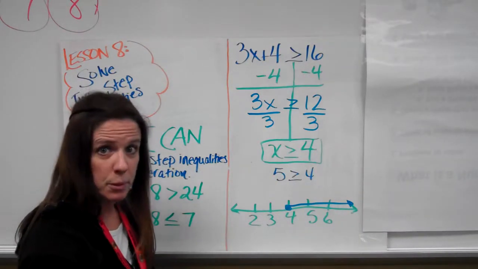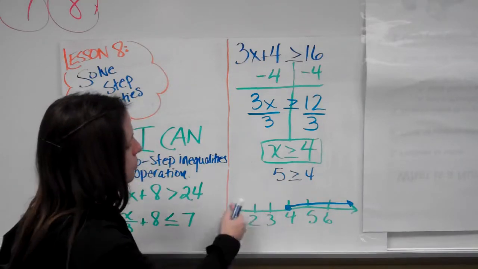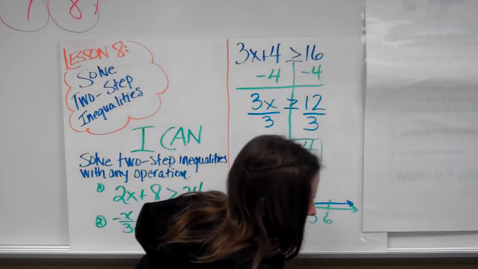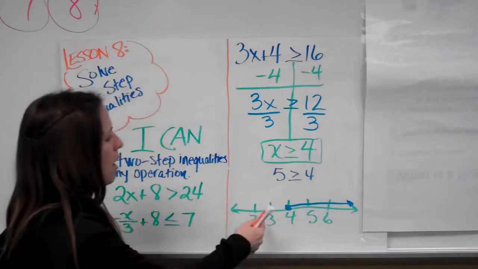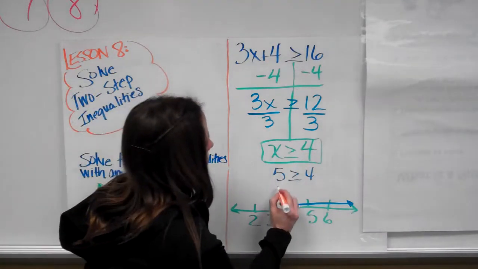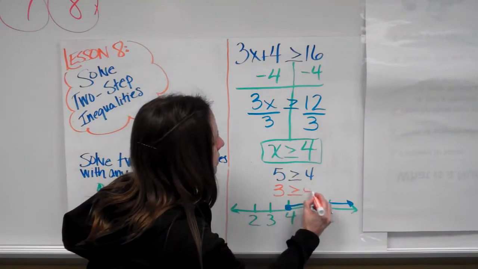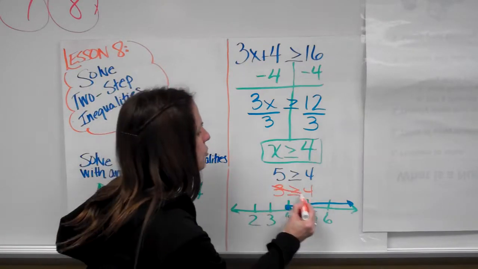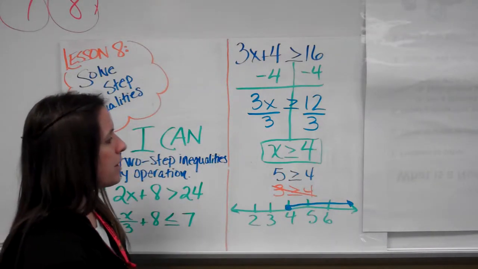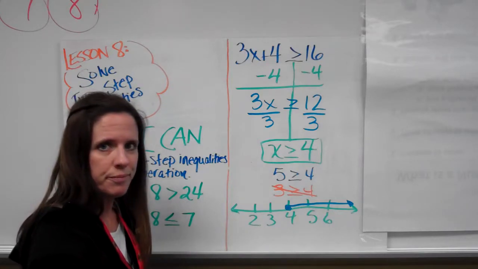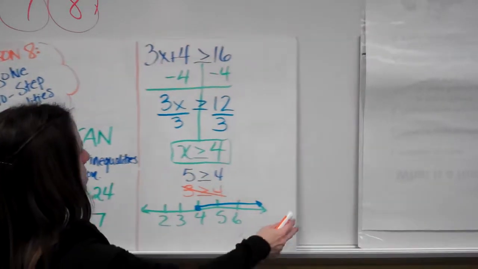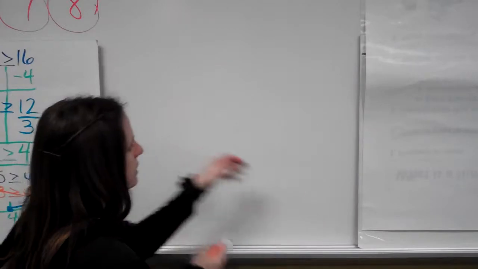Yes. So we know that's okay. Now let's test one that we didn't shade on the other side of 4. We'll go ahead and put 3 in. Would 3 be greater than or equal to 4? No, that's not true. So our graph is right. Our solution set is good. That's one kind of problem that you will see.